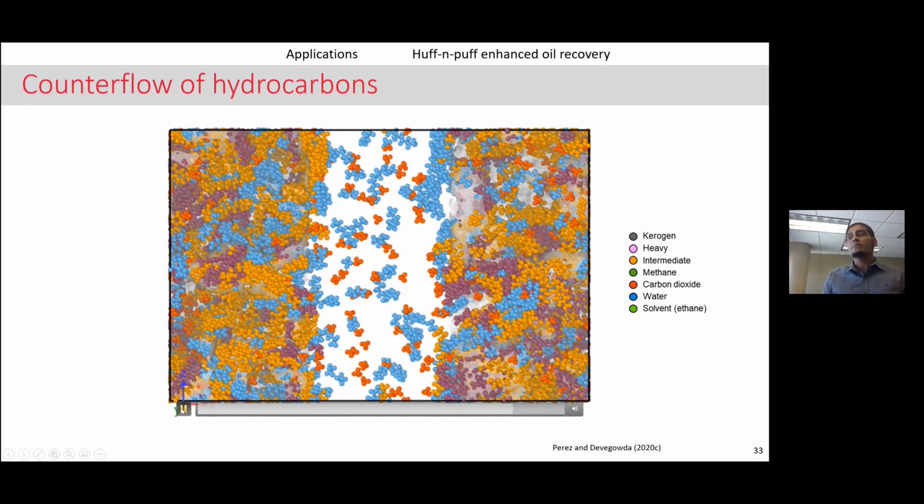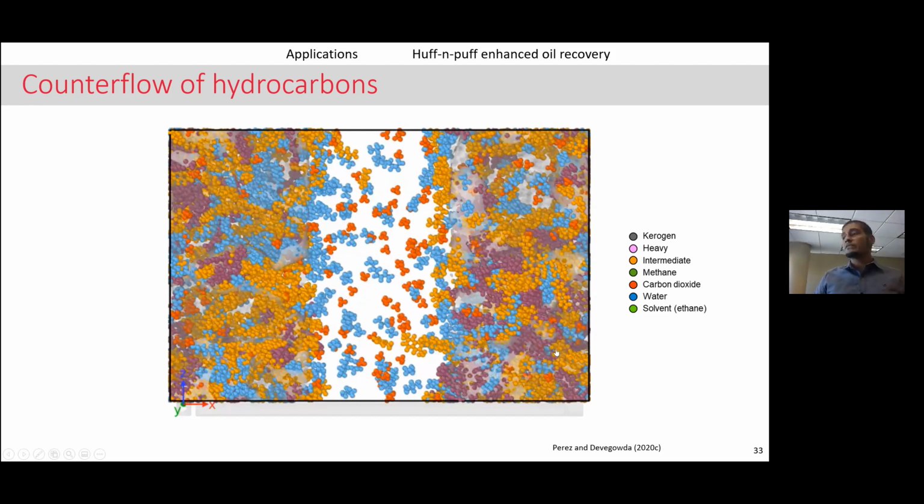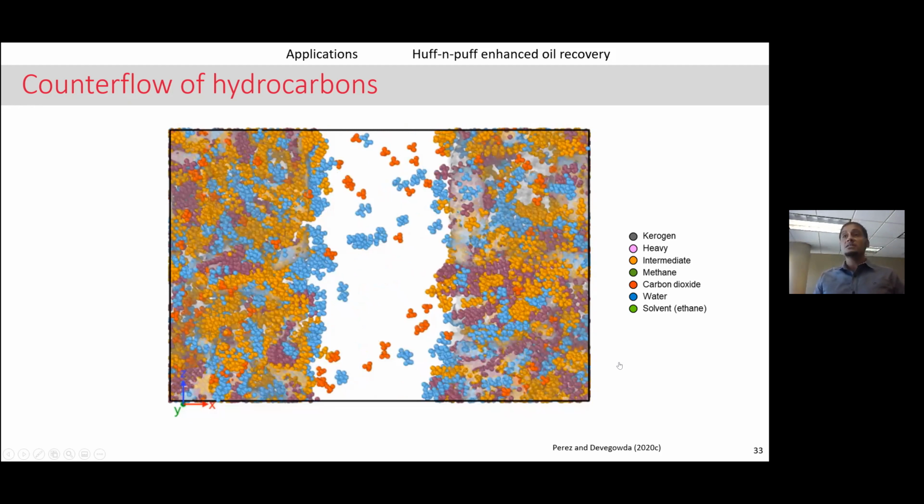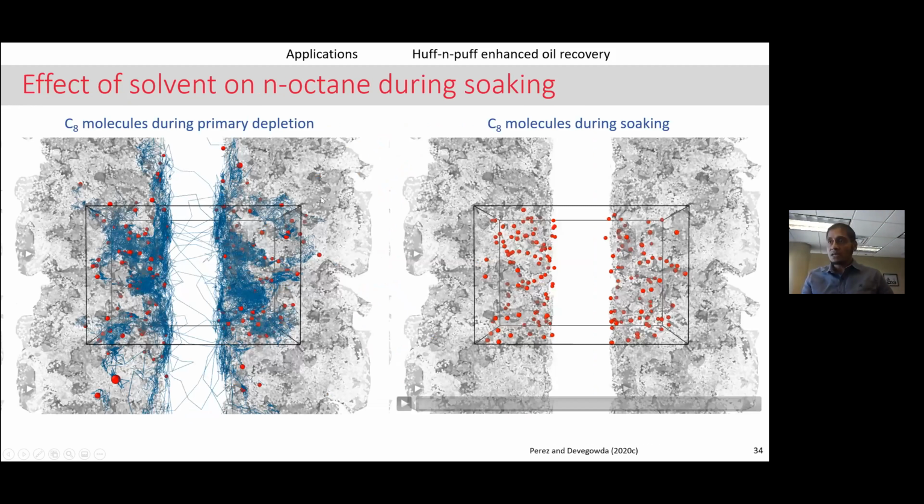And that's important because now I can run the simulation for an extended period of time and begin quantifying what are the hydrocarbon species that are being produced. So if you recall this picture from a couple of slides ago, where I plotted the trajectory of octane molecules during primary depletion, we saw that hardly any octane molecules entered this empty space over here to be produced.